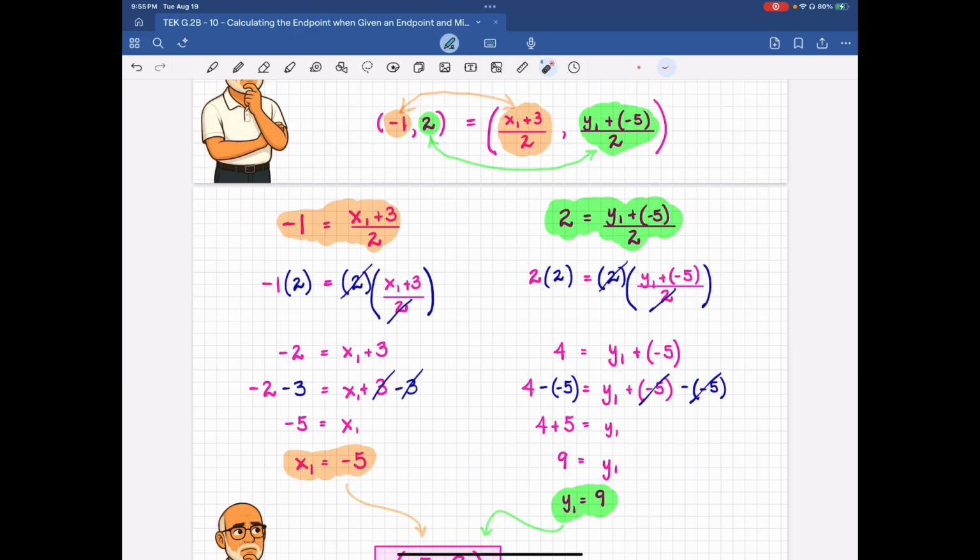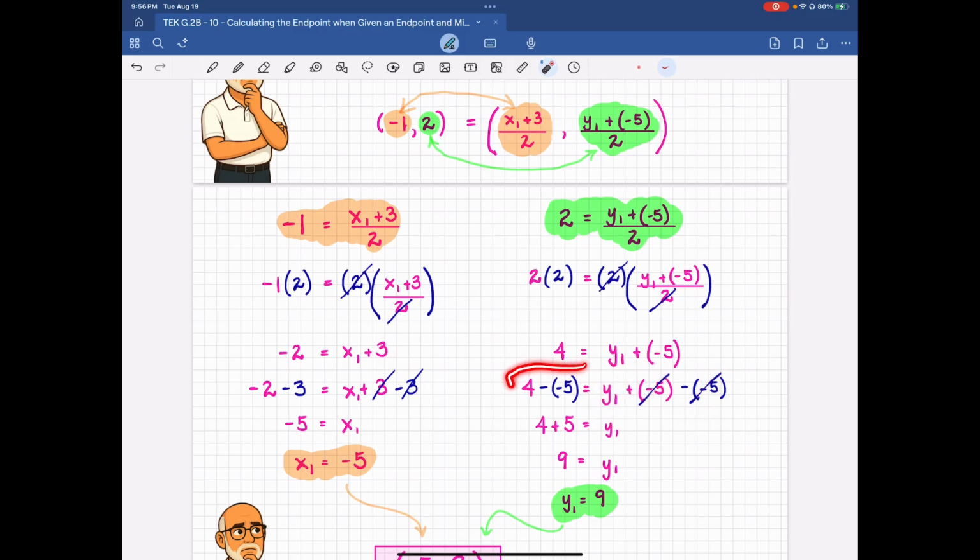So my next step to get that y1 by itself is to subtract a negative 5, and if I subtract it from the right, I have to subtract it from the left, just to keep the equation balanced. So now we end up with the negative 5's crossing out on the right-hand side, and the only thing that remains is this y1, which carries down.